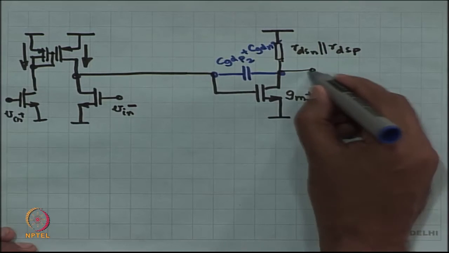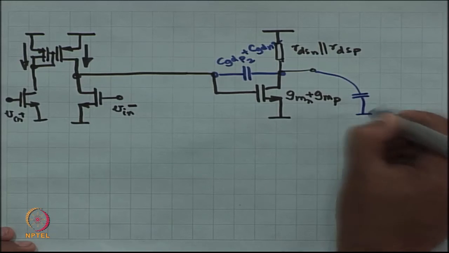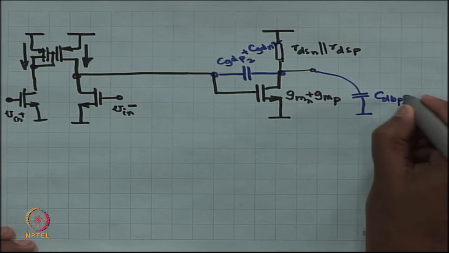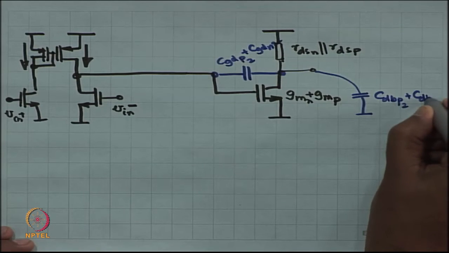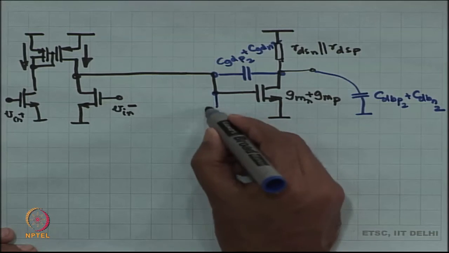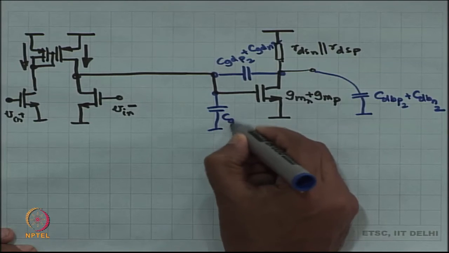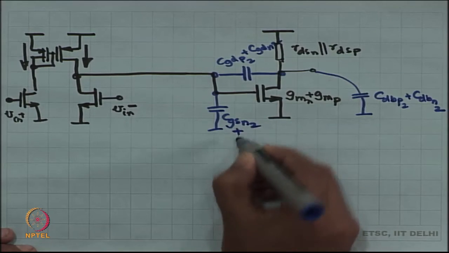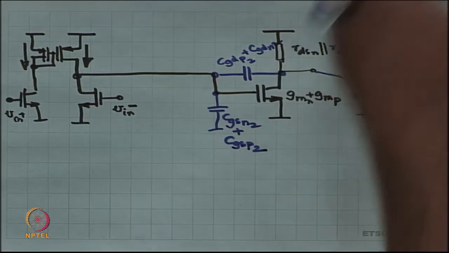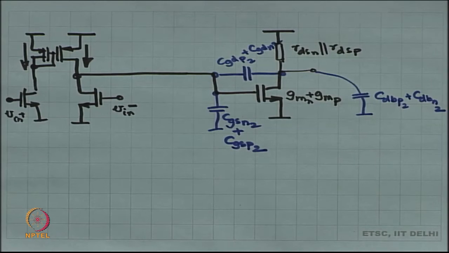Okay. Then there is going to be some capacitance over here, that is going to be C drain to body of PMOS plus C drain to body of NMOS, right. Then gate to source capacitances will come over here, right. This is the second stage is done.